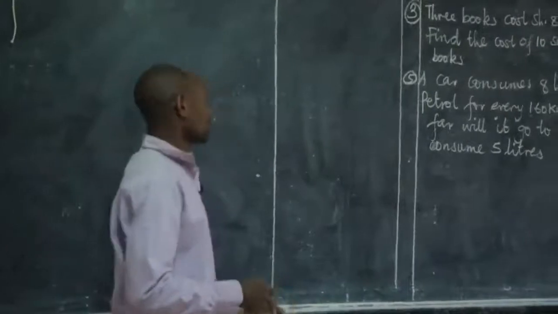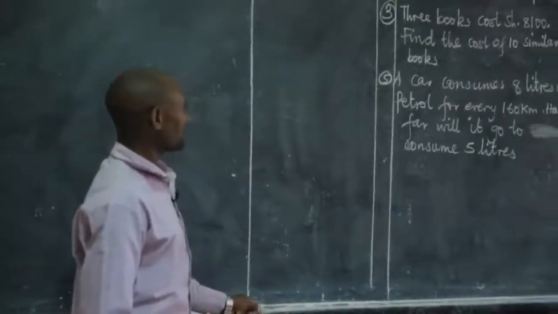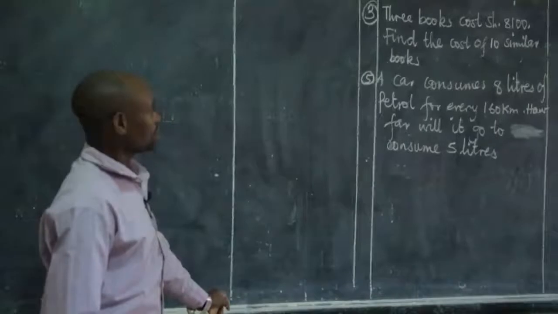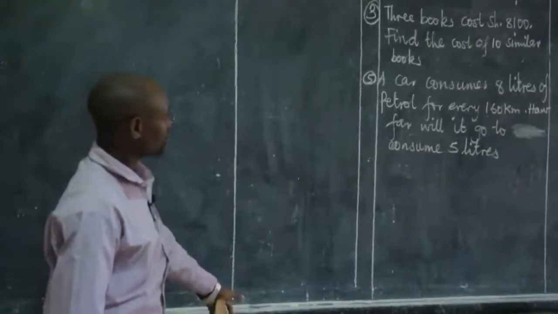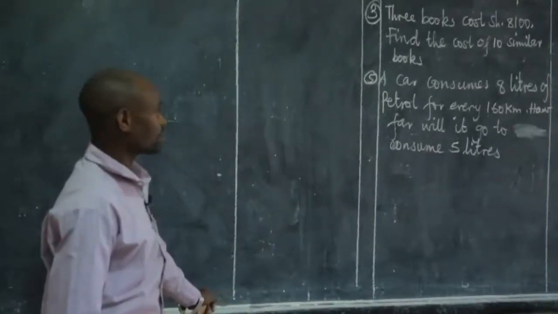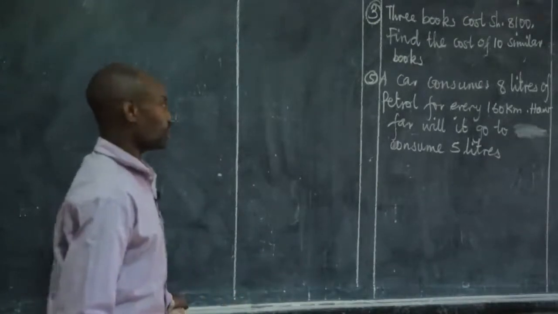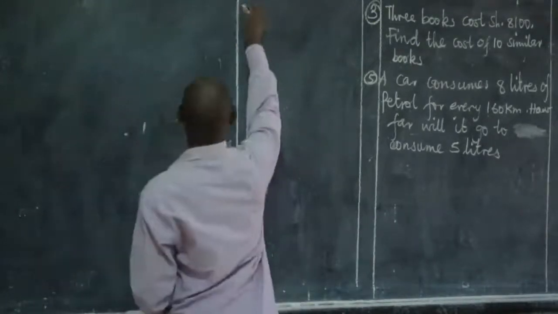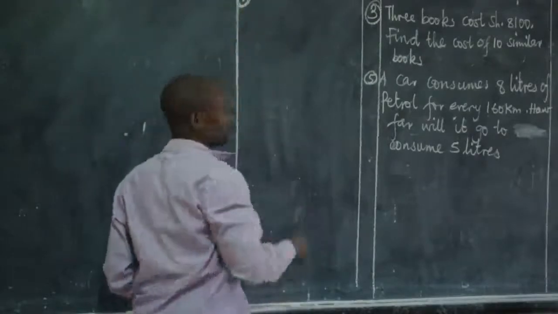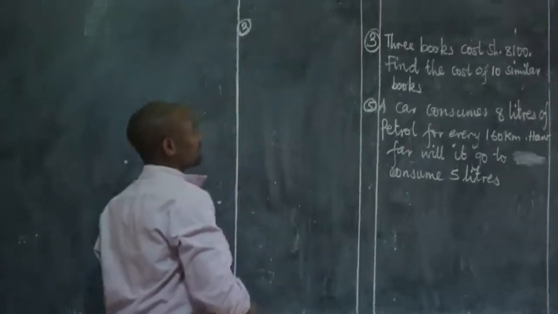So number 3 is: 3 books cost 8,100 shillings. Find the cost of 10 similar books. Because I gave you a variety of methods, now I'm free to begin using any method which I want.